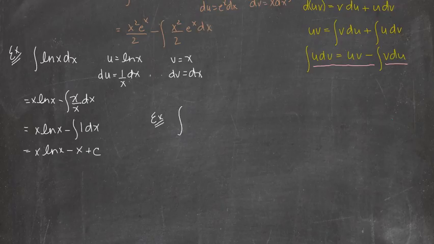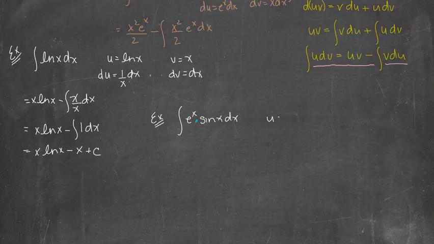I want to integrate e to the x times the sine of x dx. Okay, that's a little scary, but really it's just a product, right? All I have is a multiplication right here, e to the x times sine x, just a product. So I'm going to do a uv substitution.